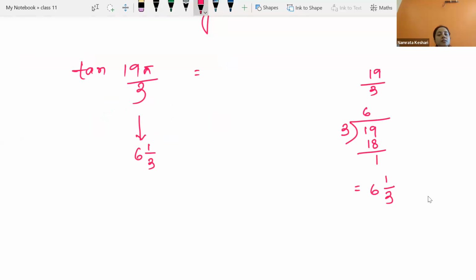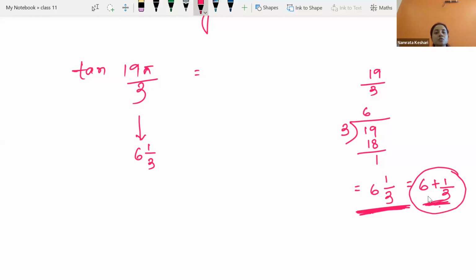And you should be clear, 6 1 by 3 can be written as 6 plus 1 by 3. Here 6 is not multiplied with 1 by 3, Nabeela. Here 6 is added with 1 by 3. If you have learnt in lower class, good. If you have not noticed that much, then you should know that here 6 is not multiplied with 1 by 3.